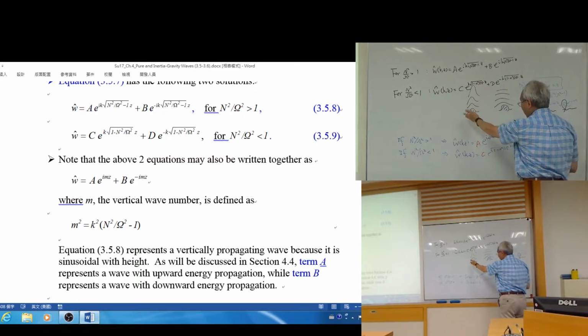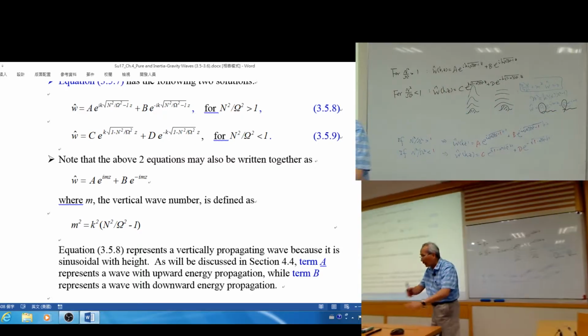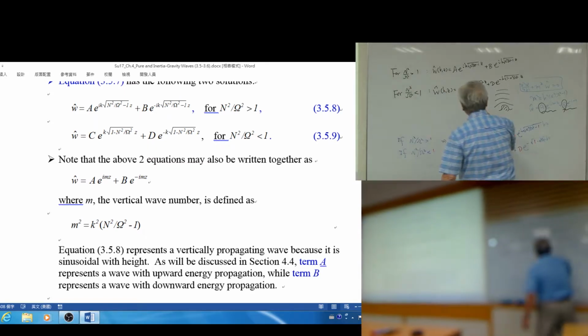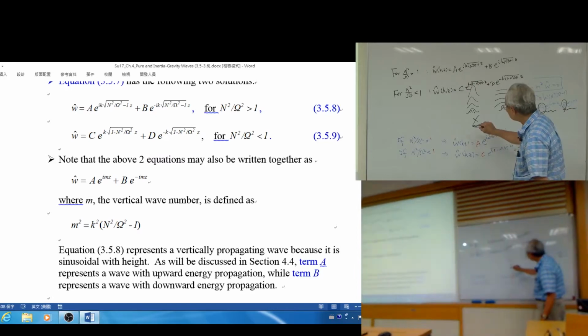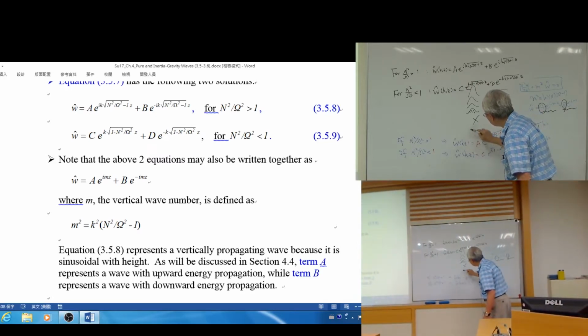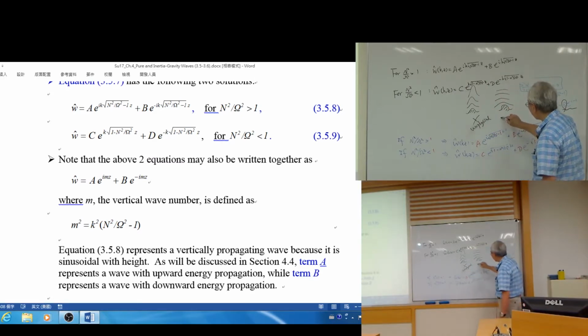If the disturbance is from a lower level, like a mountain, then this term is unphysical, and this one is physical.